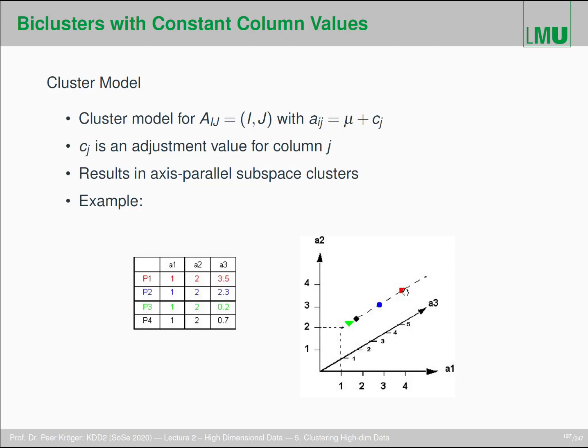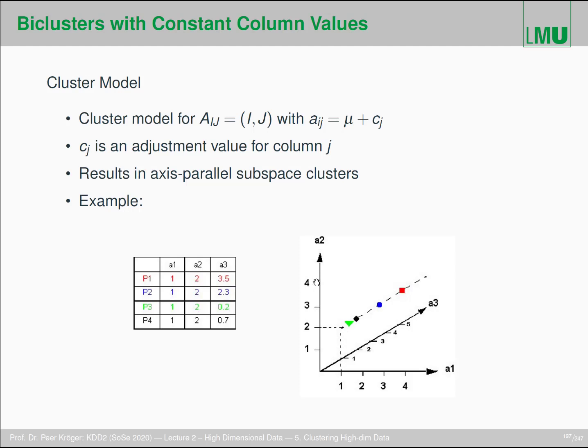This results in an axis parallel subspace cluster. Well, they are still identical, I'm sorry, they are still identical if you project all those points on the participating attributes, of course. But they are now not necessarily on the bisecting line or plane, but they are somewhere. So they need not be 1, 1 or 2, 2, but they can be different.